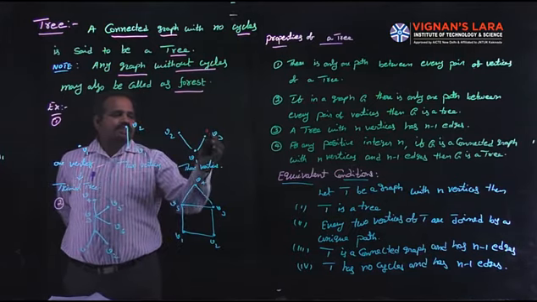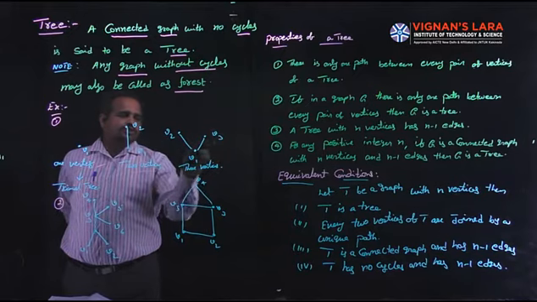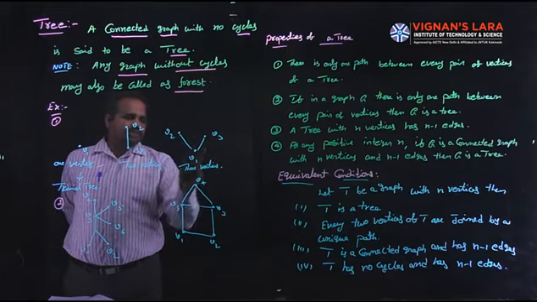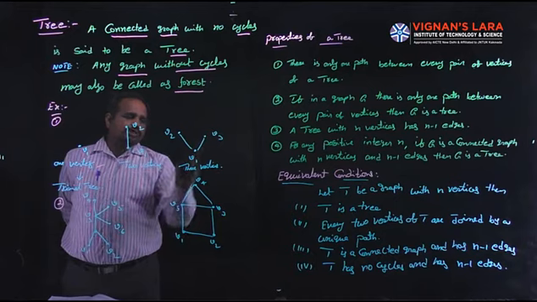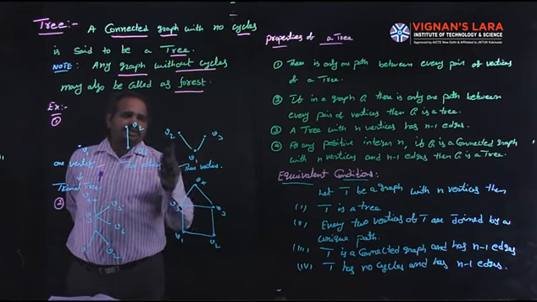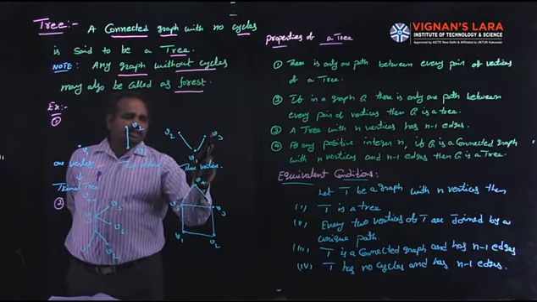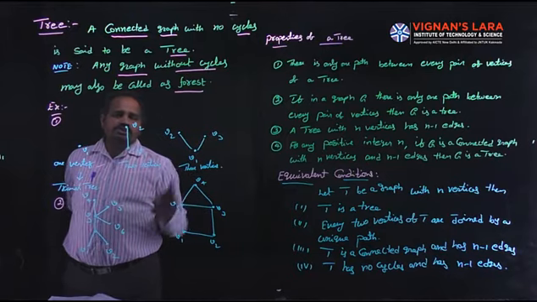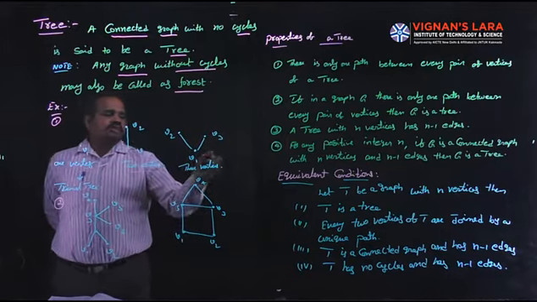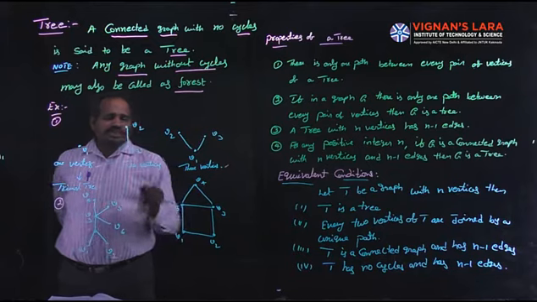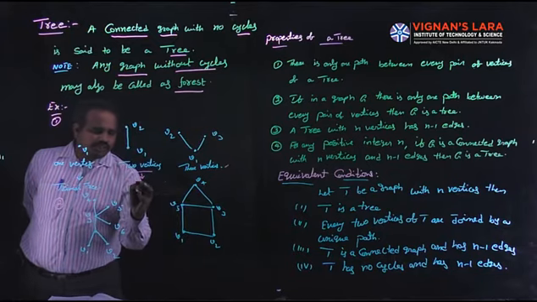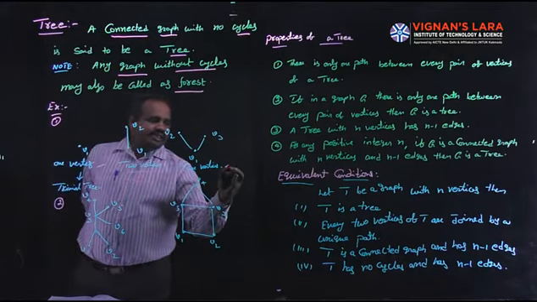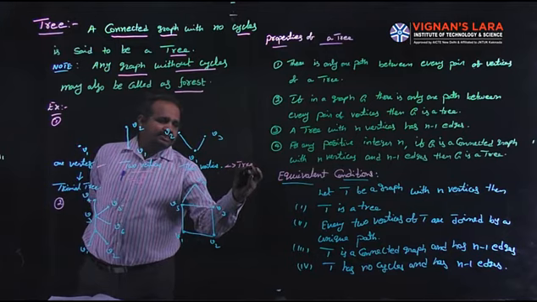There is a path between any pair of vertices: v1 to v2 there is a path, v1 to v3 there is a path, v3 to v2 also there is a path. Such paths exist here, so it is also a tree. So this is a two-vertex tree and a three-vertex tree.